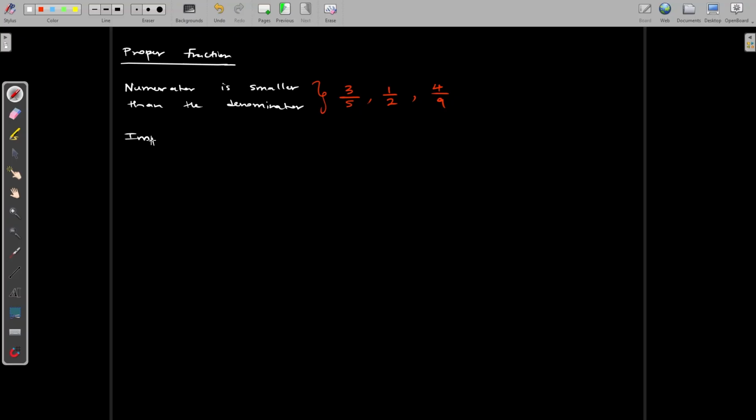So now we have improper. And the characteristic for an improper fraction is that the numerator is larger than the denominator.